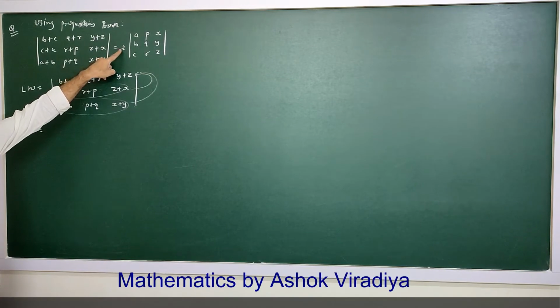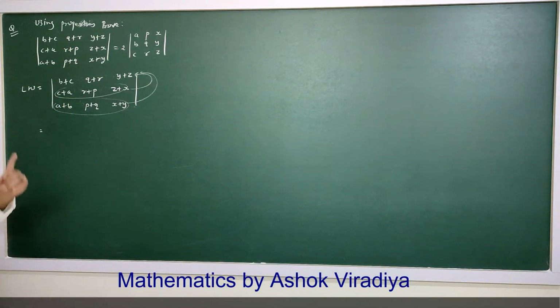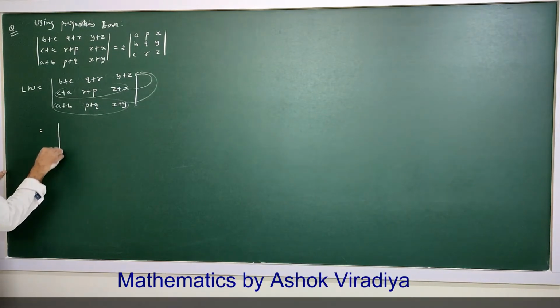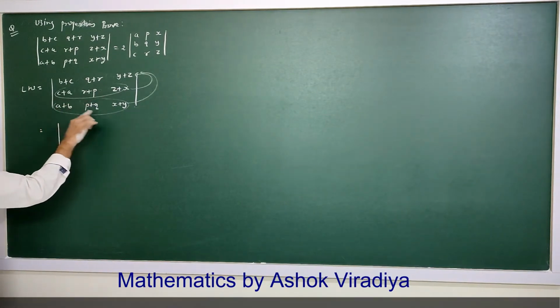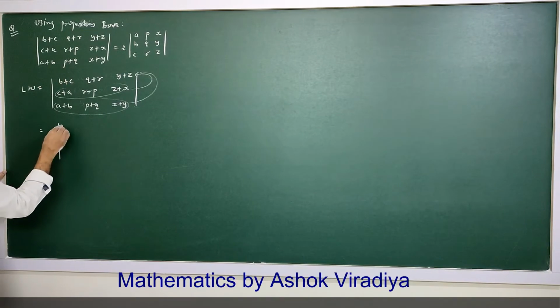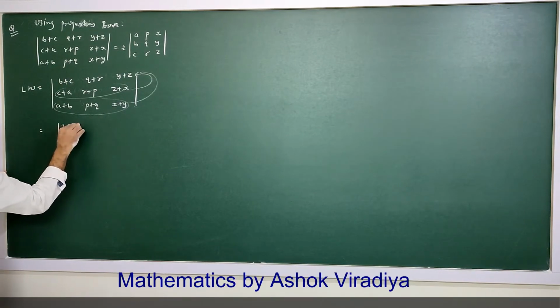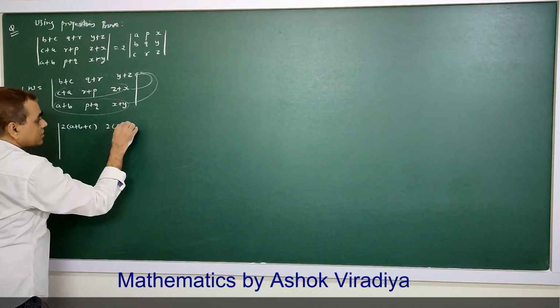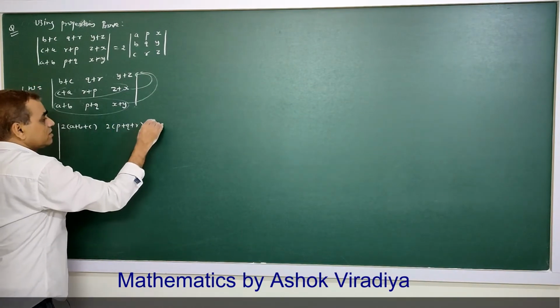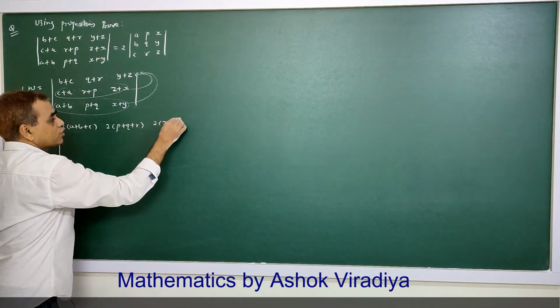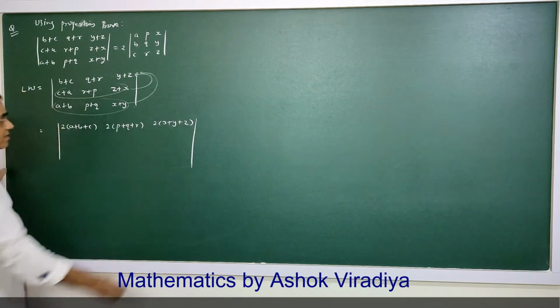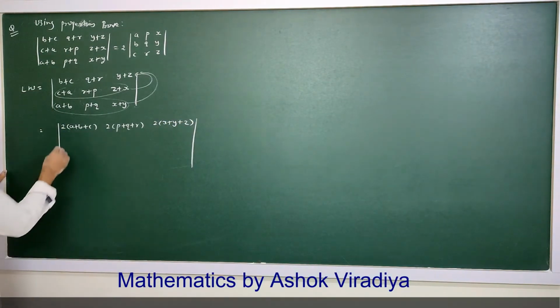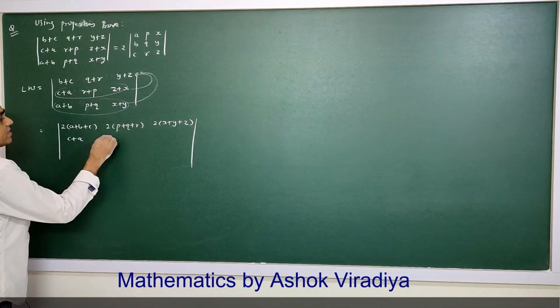So that is the start. So here, adding second and third row in first row: 2 times A plus B plus C, 2 times P plus Q plus R, 2 times X plus Y plus Z. Second and third row as it is.